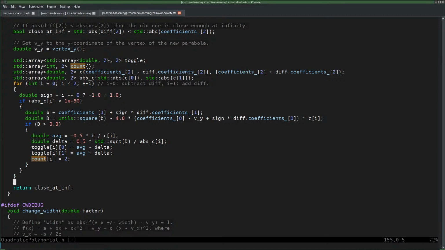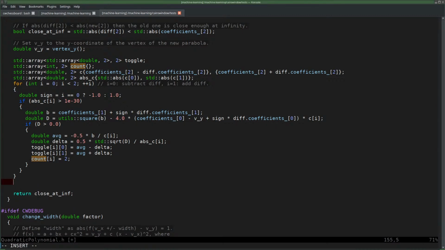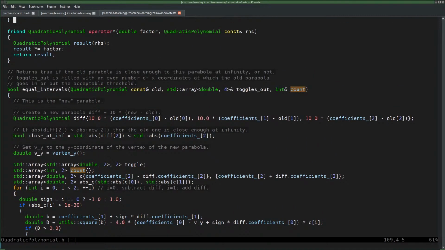And then at the end, I have to write these to the output variable. So at the very least, now I can say that I seriously call this array count, because this array equals count.